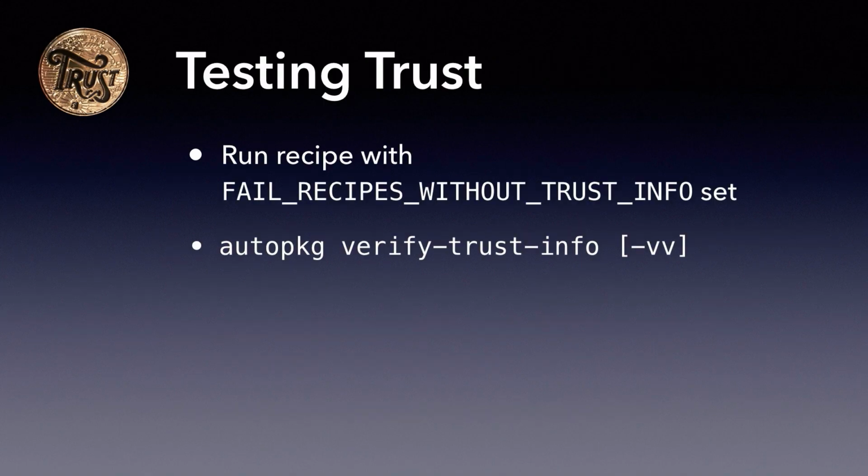So there's two ways you can find out whether your recipes have failed. You can just run them and make sure that you've got the fail recipes without trust info flag set. Or you can use one of the new verbs we mentioned. You can literally verify the trust info, and if you want to, you can use a level of verbosity.